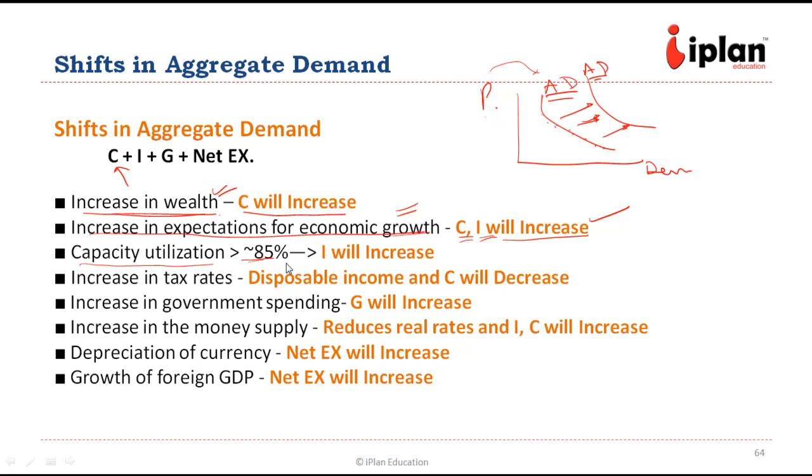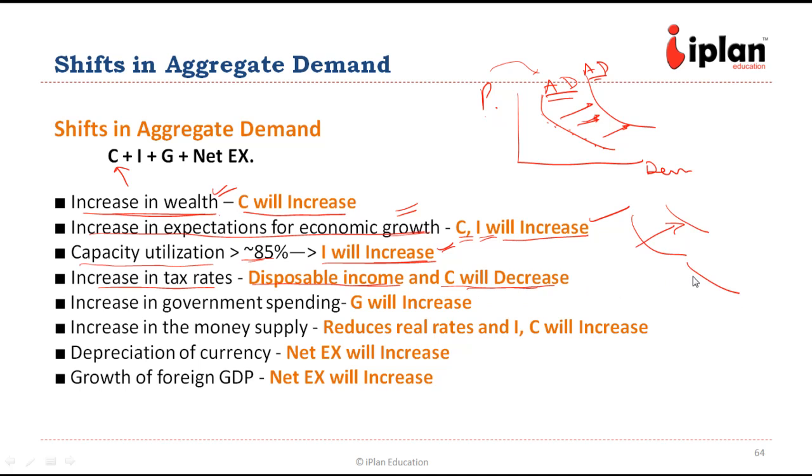If the tax rates are increased, then the disposable income available with the citizens comes down, so the consumption will come down. For the first three cases, the shift was upwards like this. But when we increase the tax rates, the demand curve will shift downwards like this.